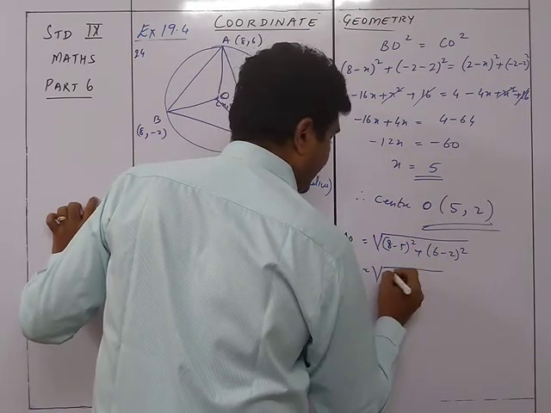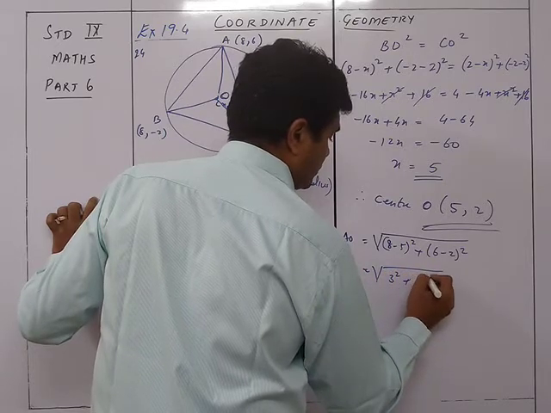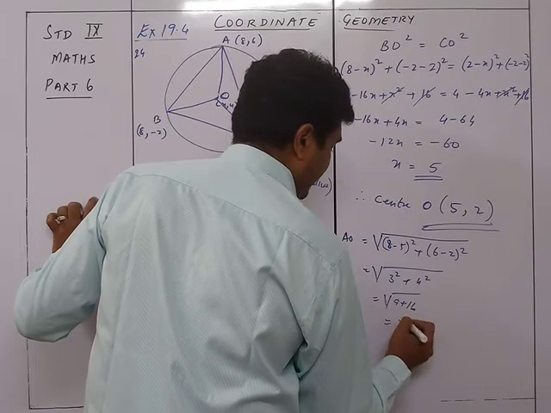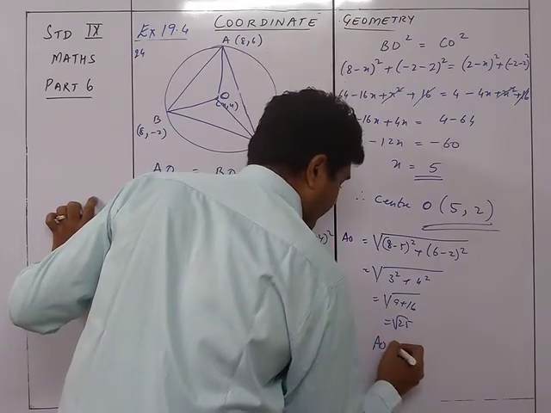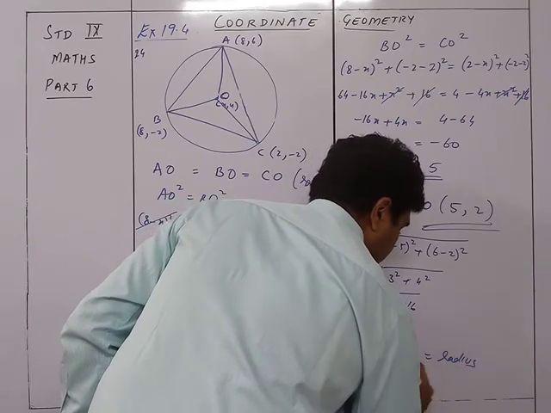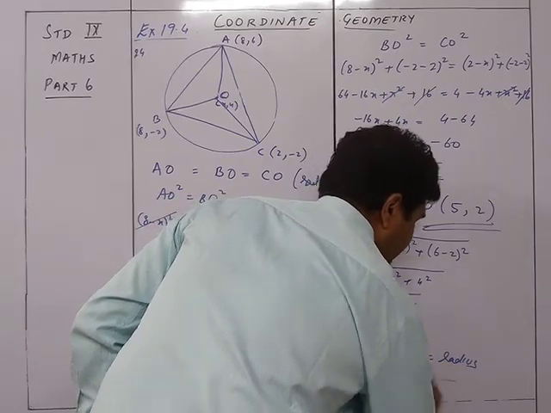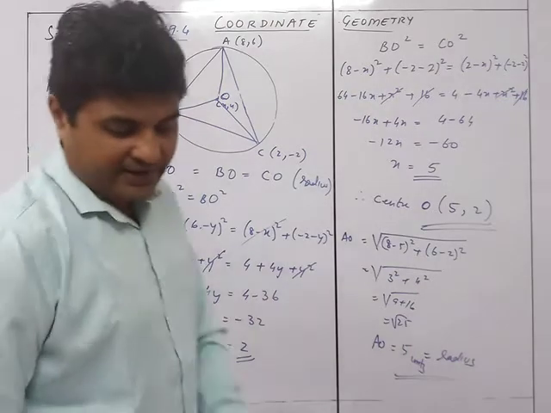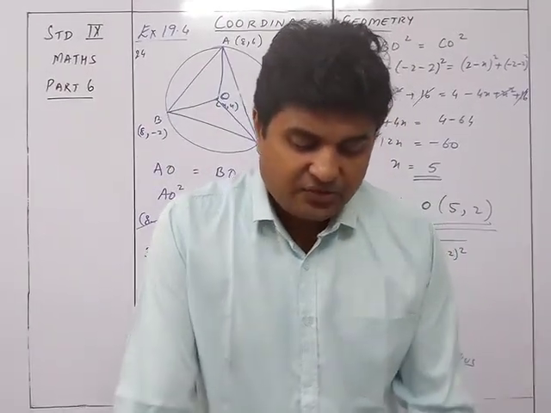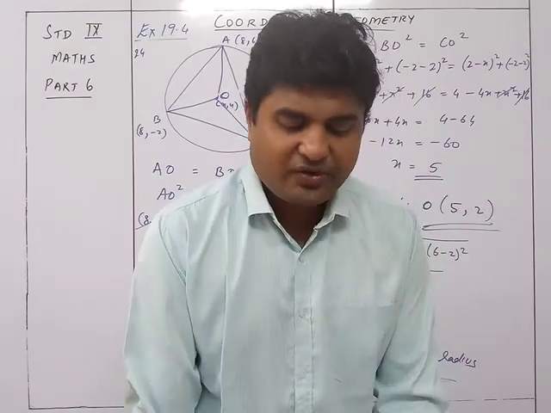That is 3 square plus 4 square, equals 9 plus 16, equals 25. So AO equals 5, which is the radius. So the circumradius for sum number 24 is 5 units and the center is 5, 2.